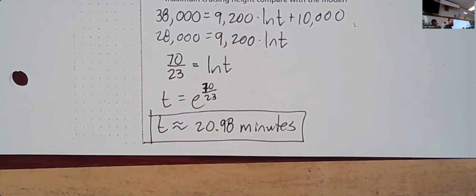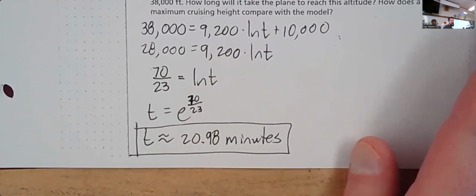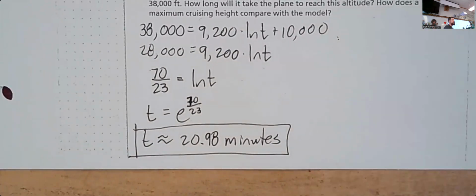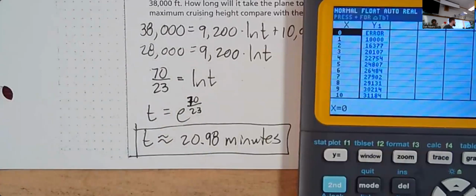Now, that second question, we already talked about that with part C from the last problem. How does a maximum cruising height compare with the model? What happens in the model? Maybe go to your table of values.